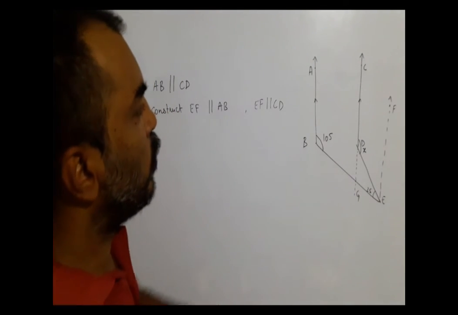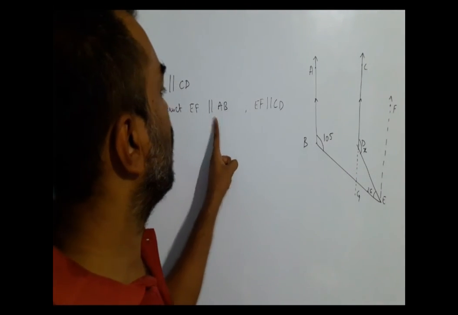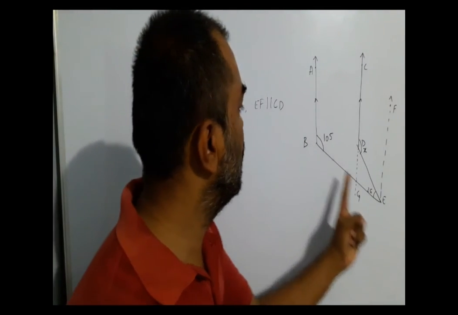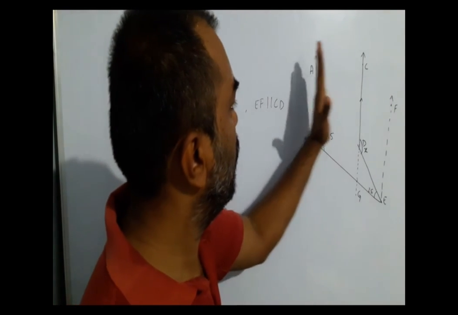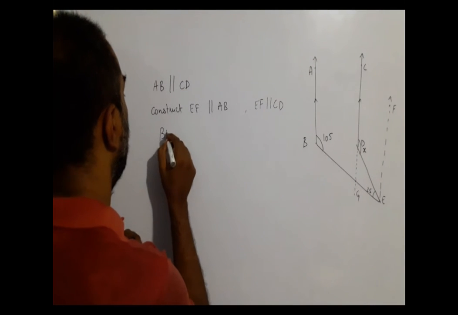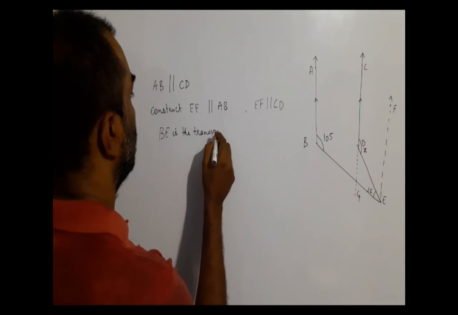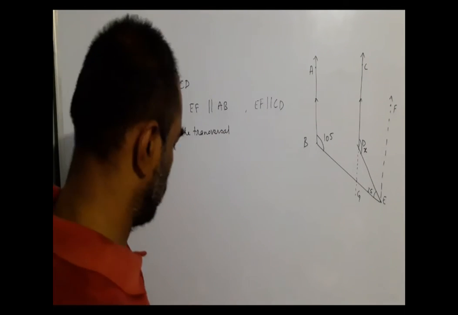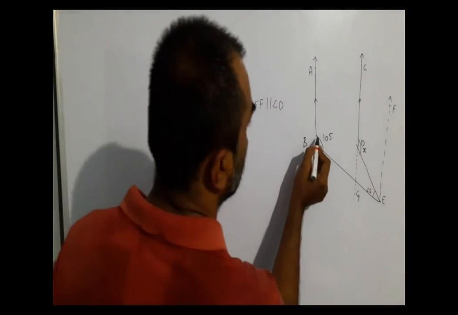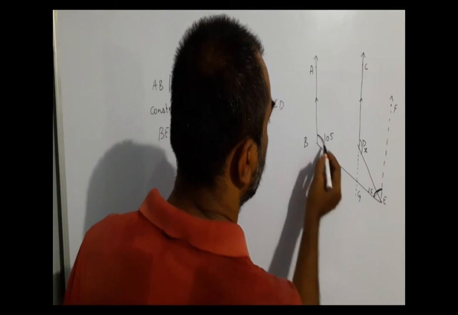Okay. So now we have the line AB parallel to EF. And what will we take as transversal? BE will be their transversal. So AB parallel to EF, BE is the transversal. So now apply the rules you know. So we have this angle and this angle.